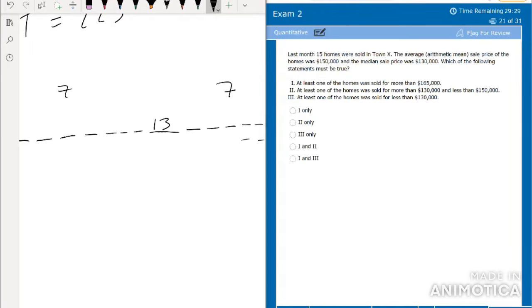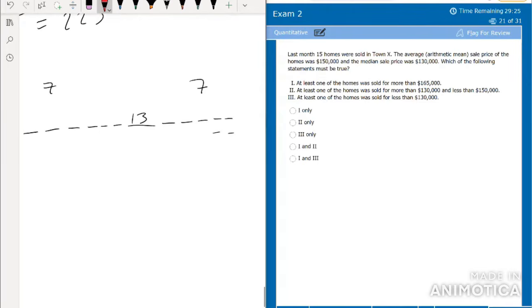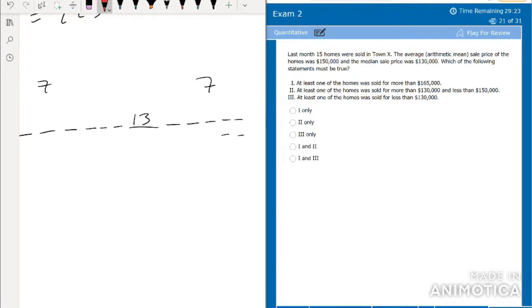At least one of the homes sold for more than 165. Okay, well, let's do our worst case scenario. We can try to make this not true. Well, let's make all of these guys 16.5. So we've got 16.5 times 7 on the right. And then to try doing our best to make it not true, these guys on the left must all be 13.